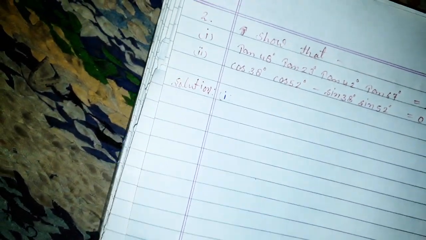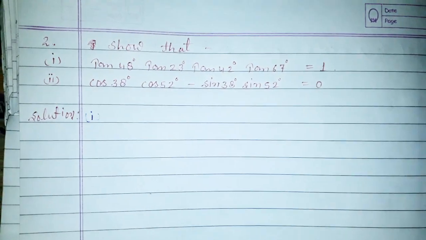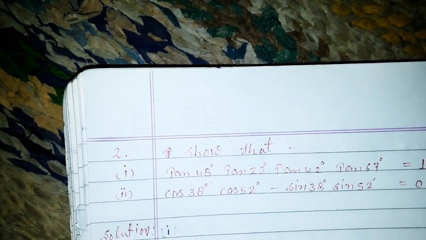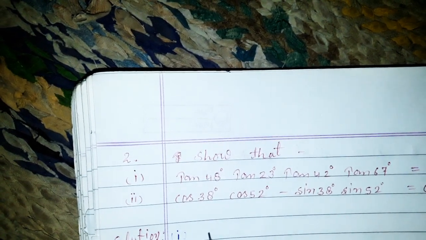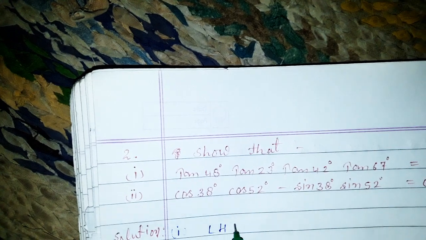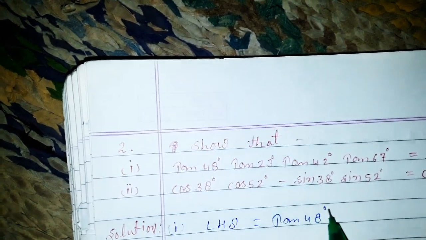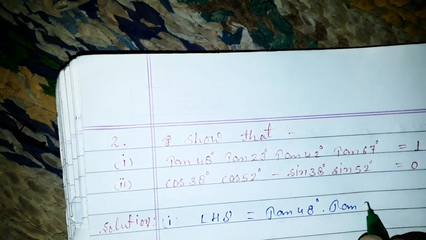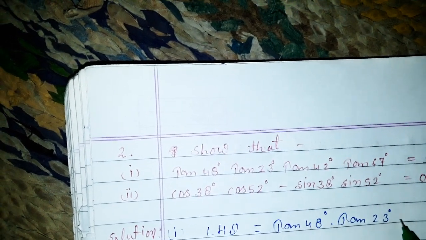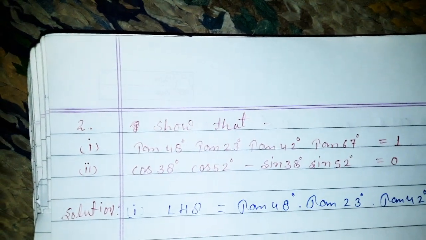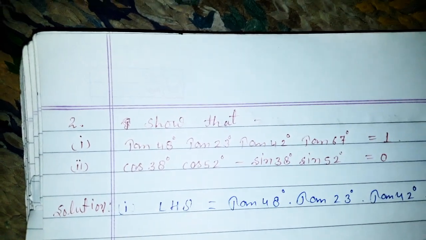Next question. First solution, LHS. What is LHS? LHS is tan 48 degree into tan 23 degree into tan 42 degree into tan 67 degree.